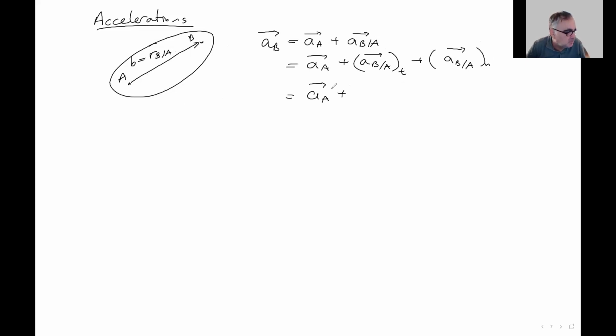The tangential component, we can write as b times alpha times i e to the i phi, if this angle is phi, plus or minus b omega squared e to the i phi, for example.